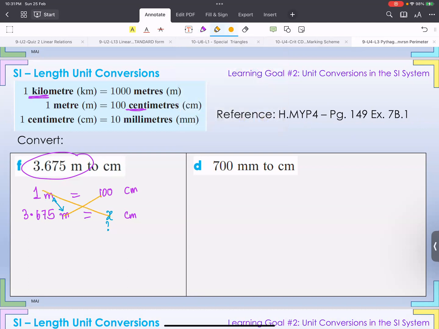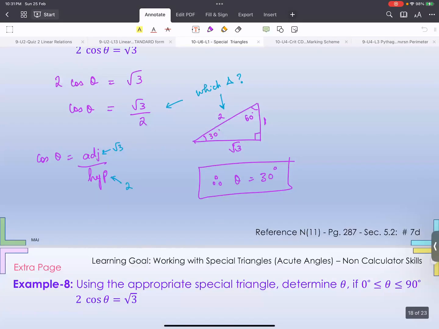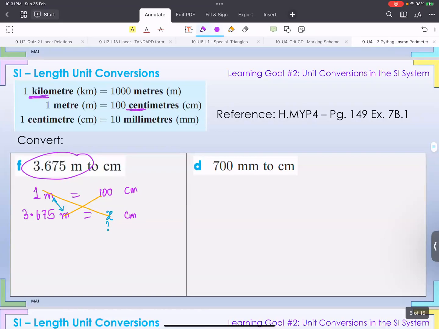Now, you could use crisscross multiplication, which is nothing but setting up the ratio and then cross multiplying. So X multiplied by 1 is 3.675 multiplied by 100, or X is equal to 3.675 times 100 divided by 1. You have 2 zeros here, so you have to move the decimal place 2 times.